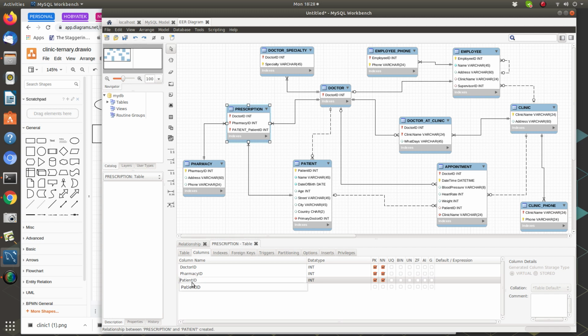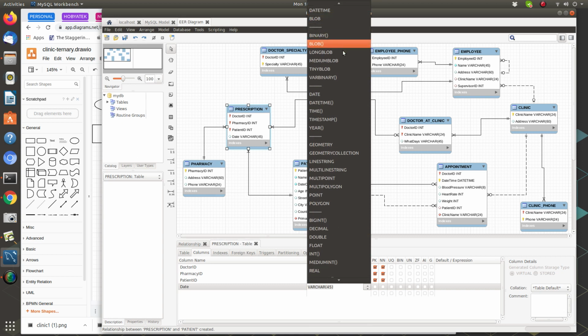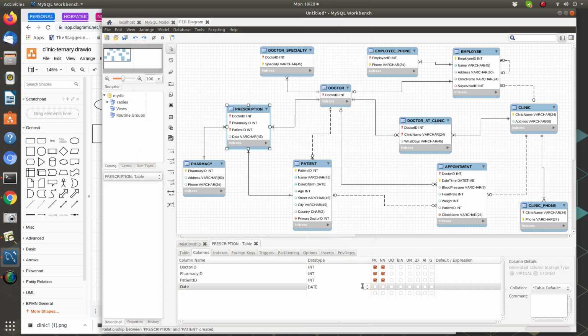Okay, those three are ints, and then the partial key was the prescription date, which is just a plain ordinary date, not a time. You don't get the same prescription twice in one day. And that is also part of the key.